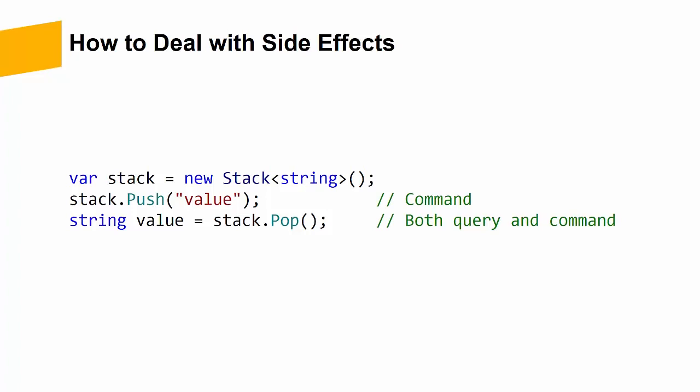At the same time, the pop method of the stack is both a query and a command because it returns a value to the caller and it also removes this value from the internal collection. So it mutates the internal state. In this case, it doesn't make a lot of sense to separate the pop method into two methods, a command and a query. So just keep in mind that it's not always possible to adhere to this principle.